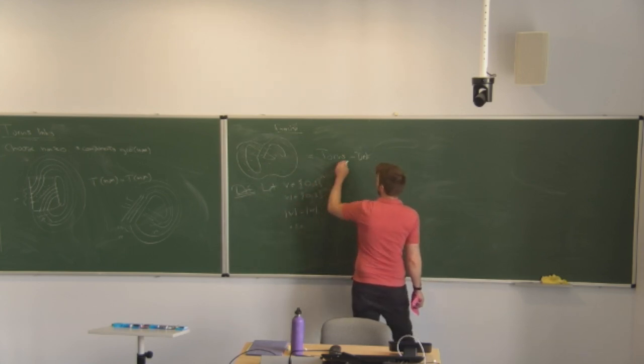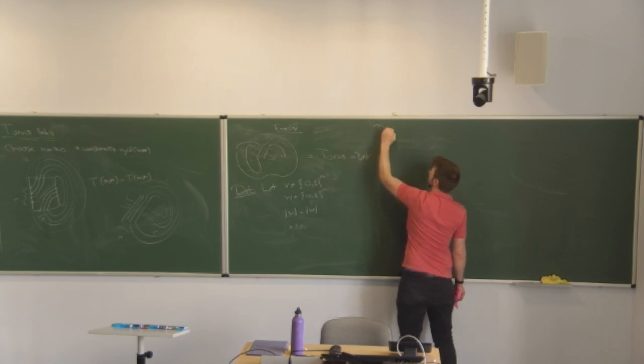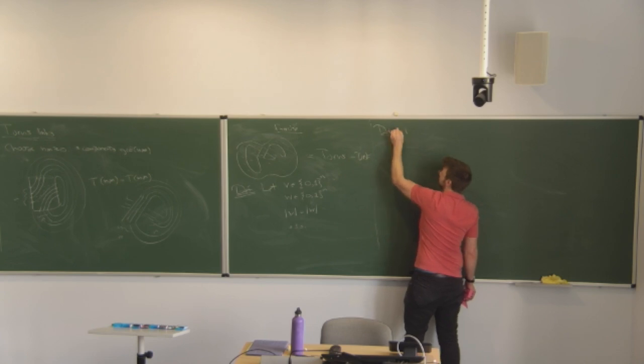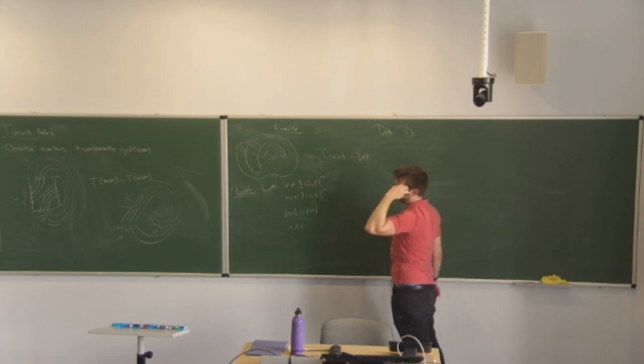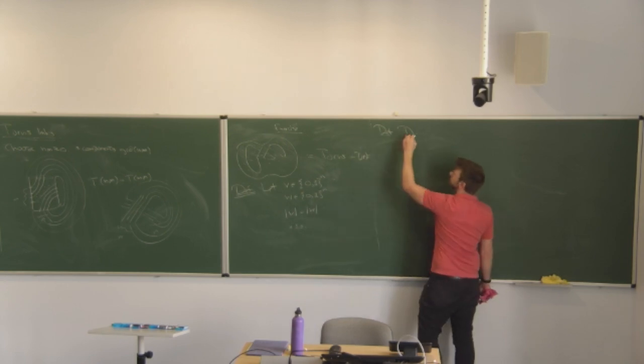So to each pair of binary sequences, I want to define a diagram. And each diagram is going to correspond to a certain complex of bimodules by the procedure we have talked about already.